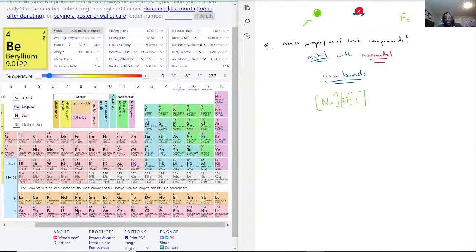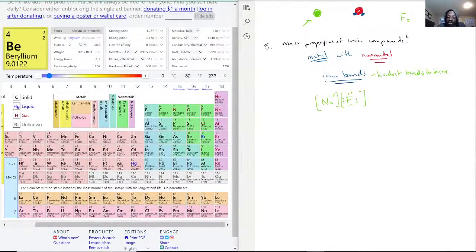Now, with that being said, ionic bonds are the hardest type of bonds to break. Aside from metallic bonds and stuff, and that one's a whole different discussion topic. But going from non-polar covalent all the way to ionic, ionic bonds even surpass things like hydrogen bonds.